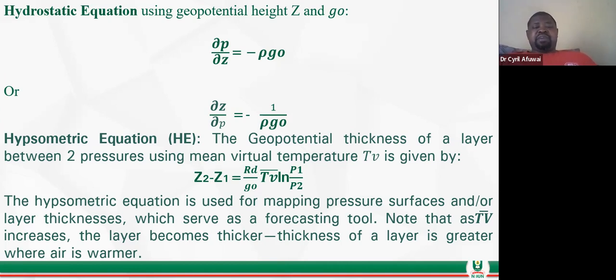Okay, then the hypsometric equation is used for mapping pressure surfaces and layer thicknesses, which serves as a forecasting tool. I said this, it actually serves as a forecasting tool. Note that as the mean of the virtual temperature increases, the layer becomes thicker. And thickness of a layer is greater where air is warmer. What did I say? Thickness of a layer is greater where air is warmer.